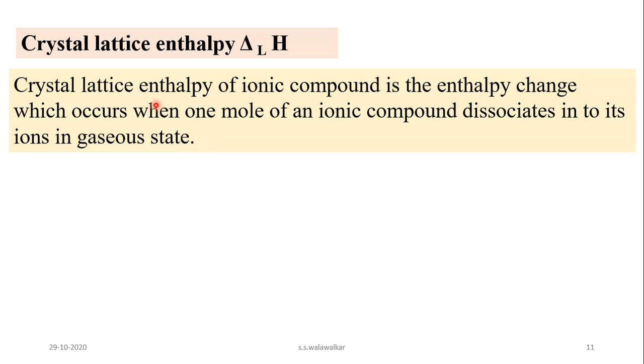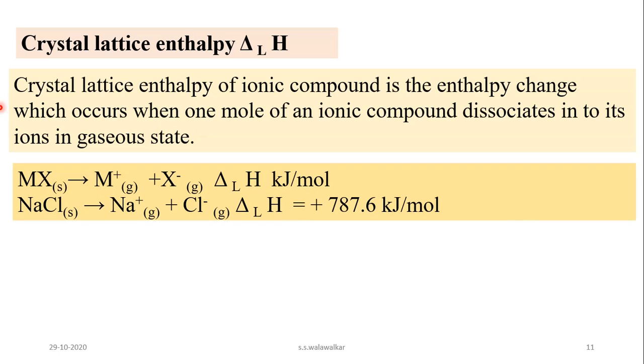For example, MX solid gives M plus ion in a gaseous state and X minus ion in a gaseous state, and whatever amount of heat is required for this process is known as crystal lattice enthalpy, delta LH.